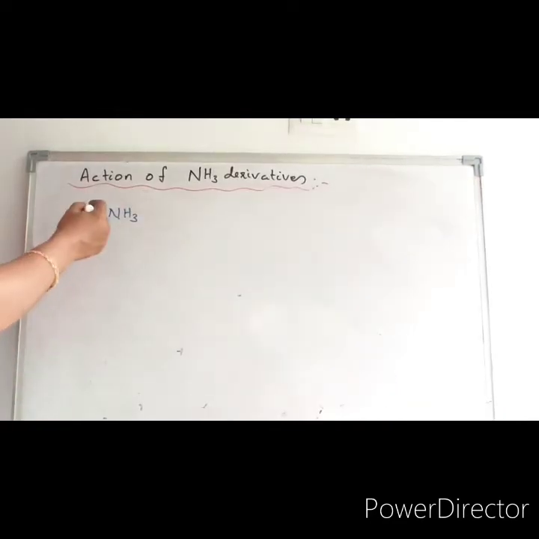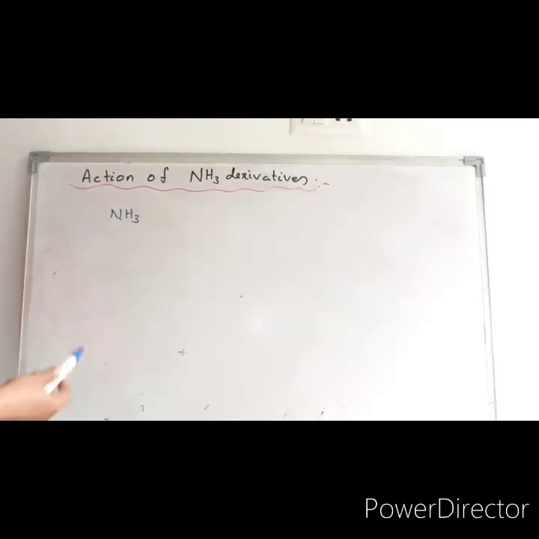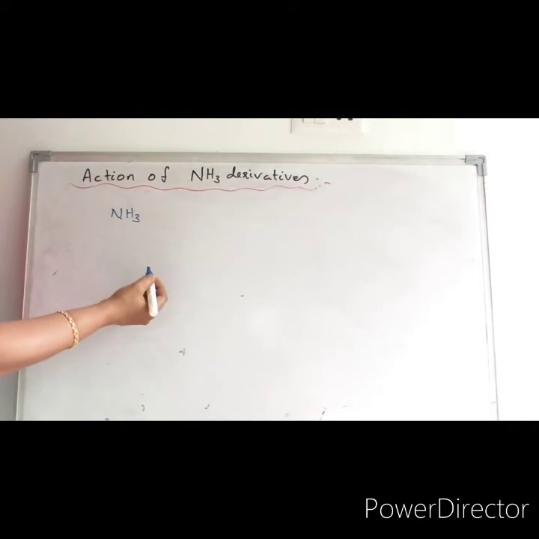The second category consists of action of ammonia derivatives on carbonyl compounds. These are also condensation reactions. So as you know, this is ammonia. If one hydrogen is removed and replaced by another group, you will be getting ammonia derivatives.